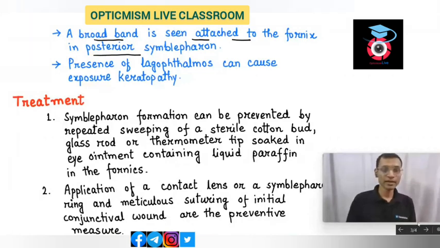And lastly, the presence of lagophthalmos can cause exposure keratopathy.